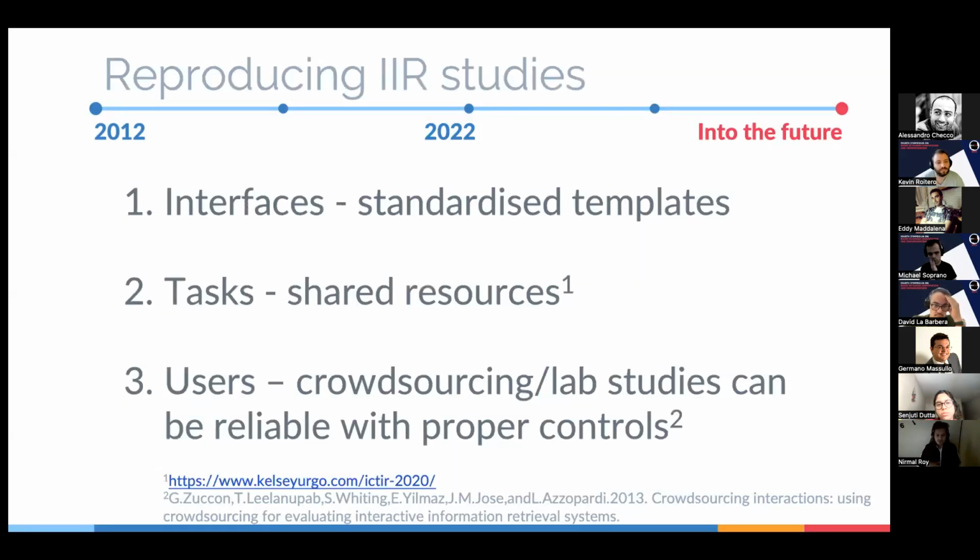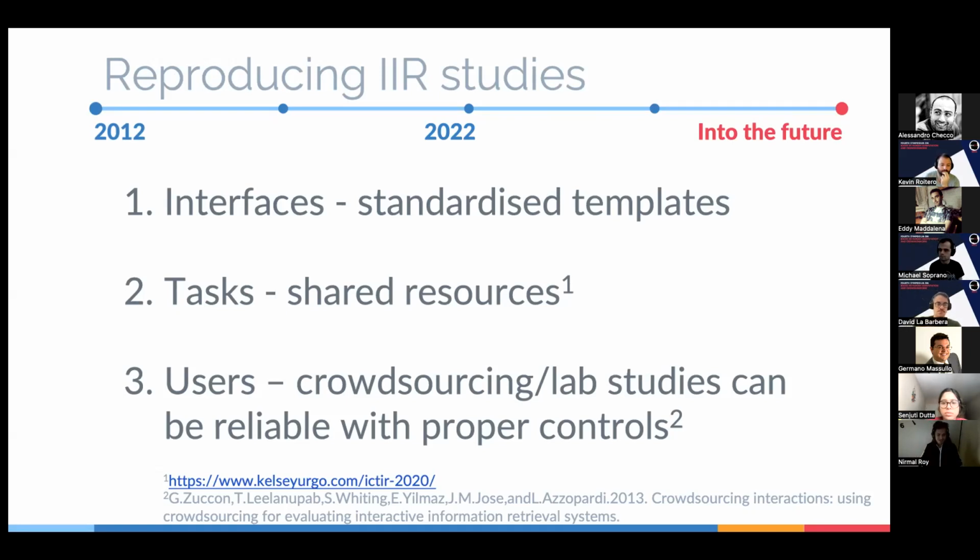In terms of reproducing, here I focused on an interactive information retrieval study, but this might also translate to other crowdsourcing studies. In terms of reproducing them, we believe that having standardized templates for the specific task is very important. For example, we did not have the source code for the interfaces of the prior studies, right?